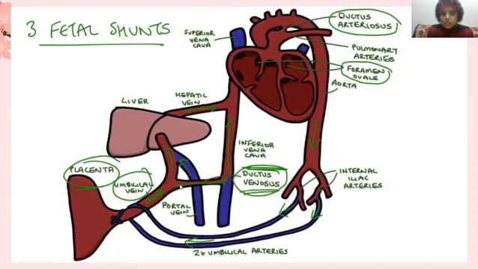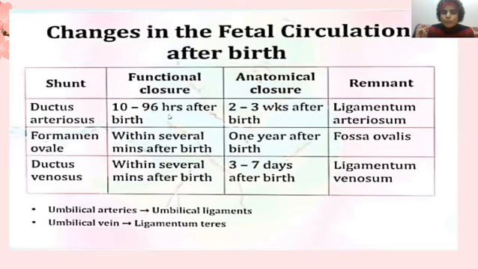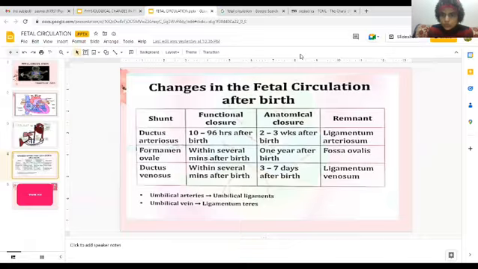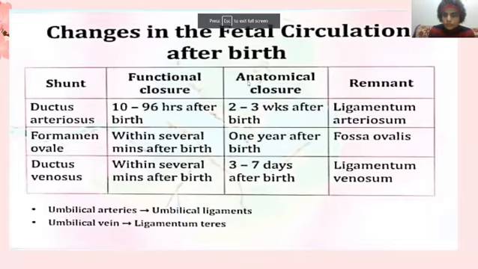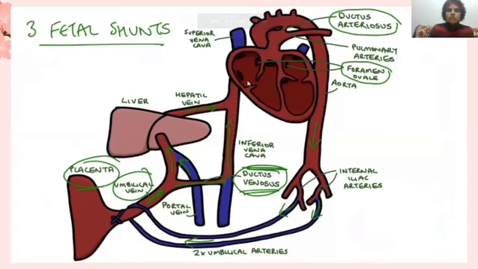The large branch, which carries around 70 to 80% of the blood, goes into the liver, and the smaller branch, which carries only 20 to 30% of the blood, joins the inferior vena cava through the ductus venosus. So from this inferior vena cava and from this hepatic vein, blood directly pours into the right atrium.